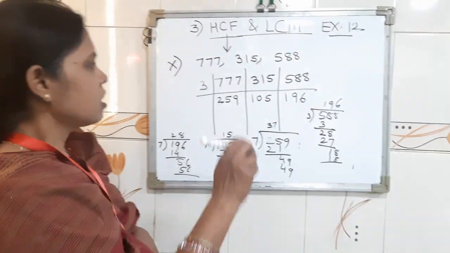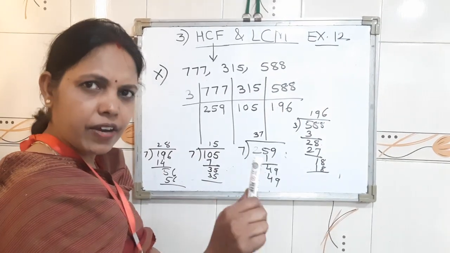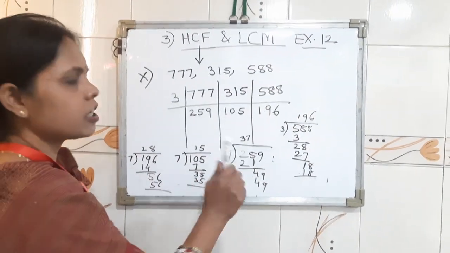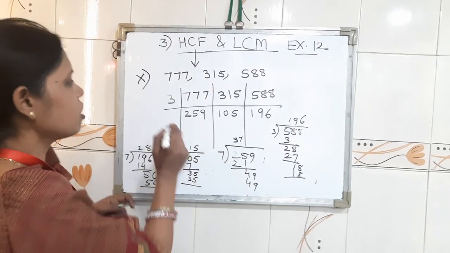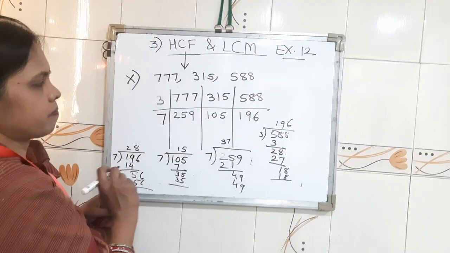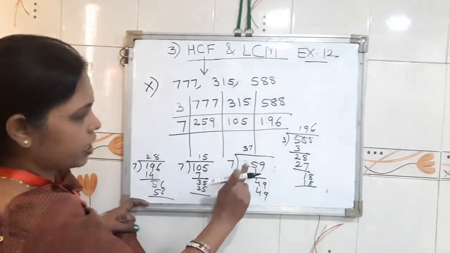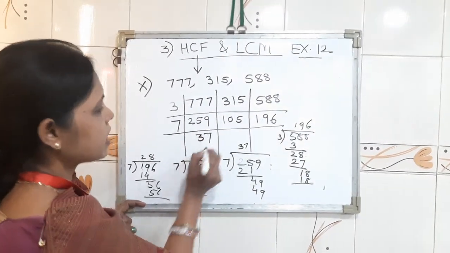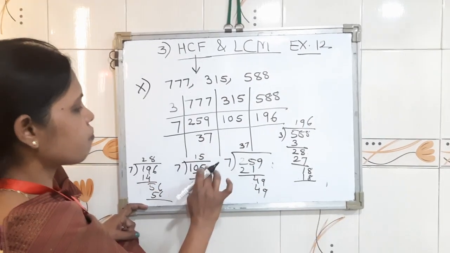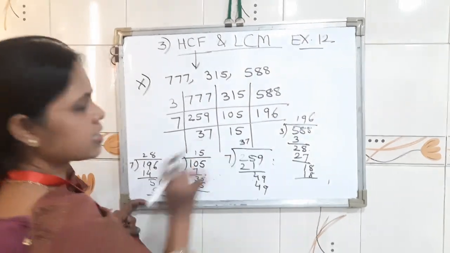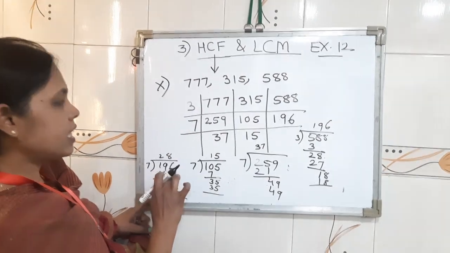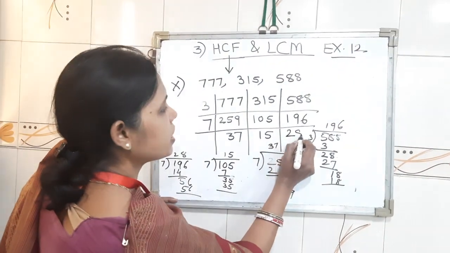So children, all three numbers are divisible by 7. Therefore, we will take 7. When we divide 259, we get 37 as the answer. For 105, we get 15. For 196, we get 28.